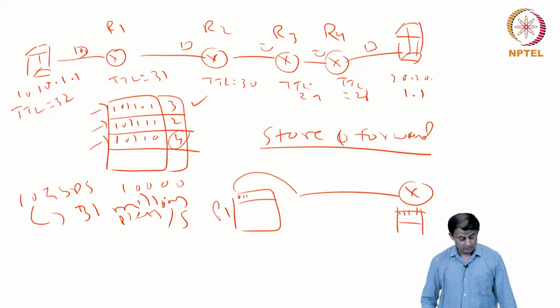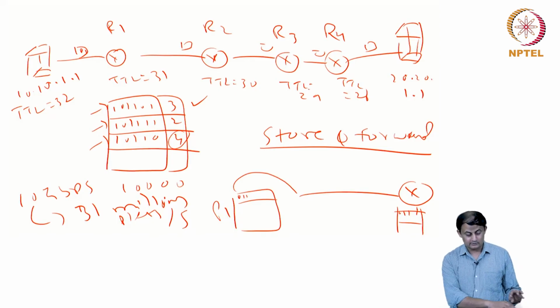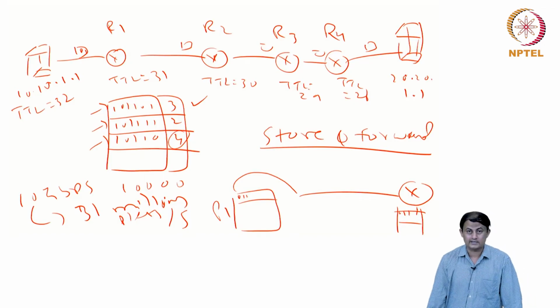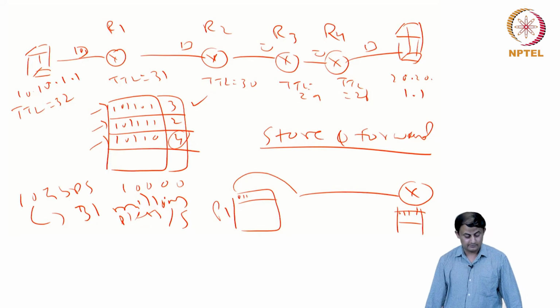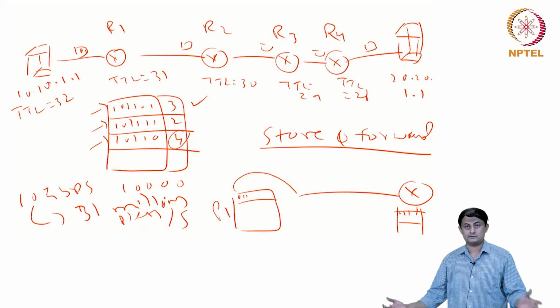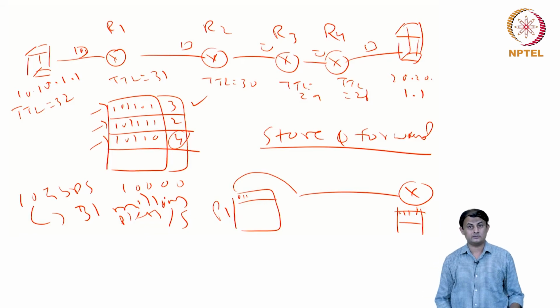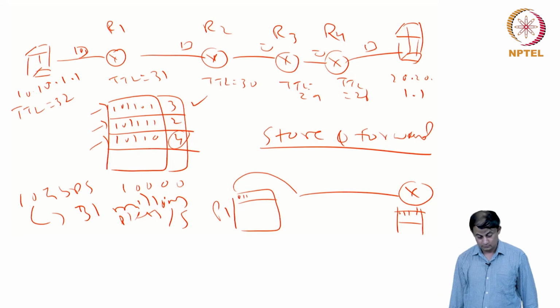So what it means is, in order to forward all the packets and fully utilize the 10 Gbps capacity, the router needs to do 31 million lookup operations per second. That is the scale of the operation that we are looking at. This is quite complex, very challenging.